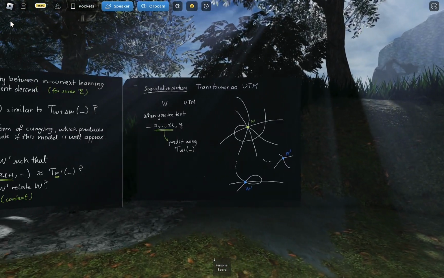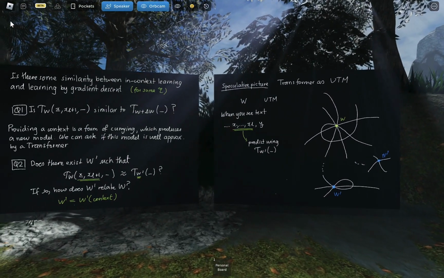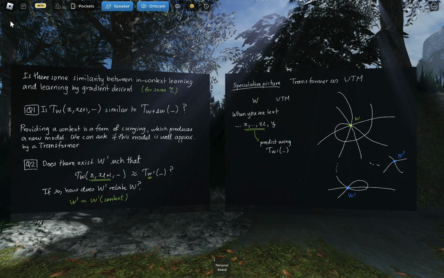So I'm guessing this is more than existence. This sounds to me just like universal approximation.